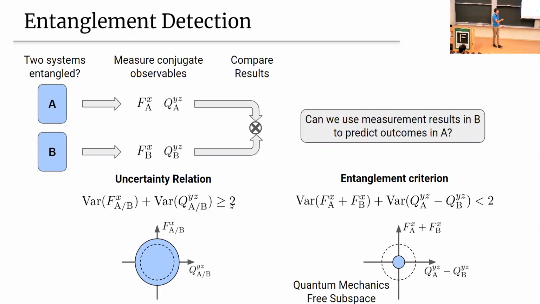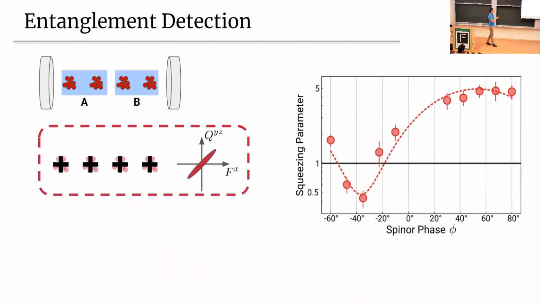If you look locally, your variance is increased, while when you look at this non-local operator, you get to this quantum-mechanics-free subspace where you can predict very precisely. This ability to predict better than the local uncertainty relation is the hallmark of entanglement, and this is what we want to show in our system. So what we do here, if we initially add them all up, this is the same data I showed you before.